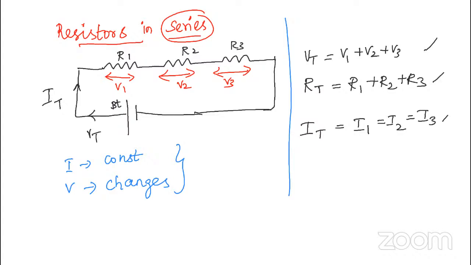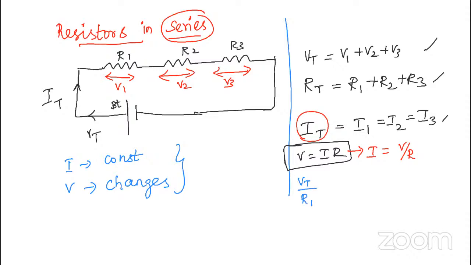From that, we write Ohm's law, V is equal to I into R. We write the I value in the form of V by R. So from this expression, I should be equal to V by R. Calculating for each one, we write V of t by R of t is equal to V1 by R1 is equal to V2 by R2 is equal to V3 by R3.